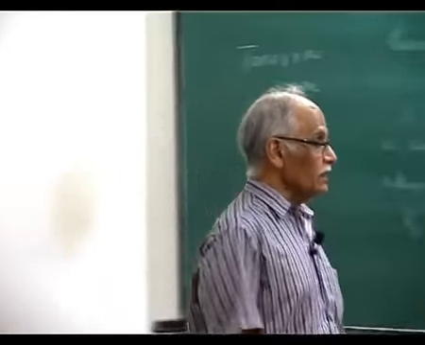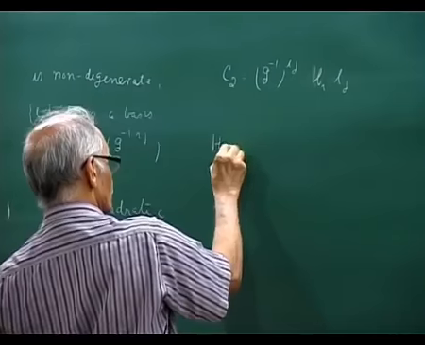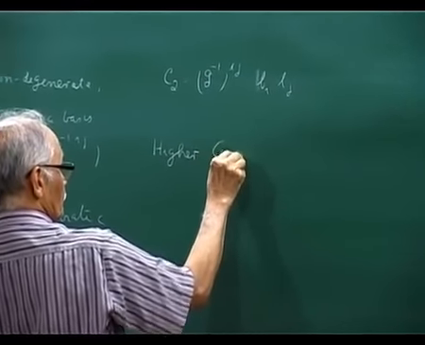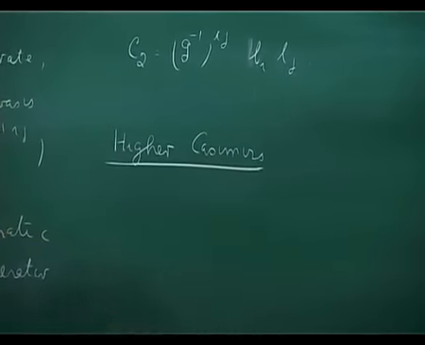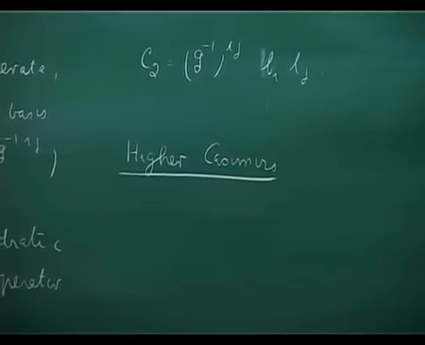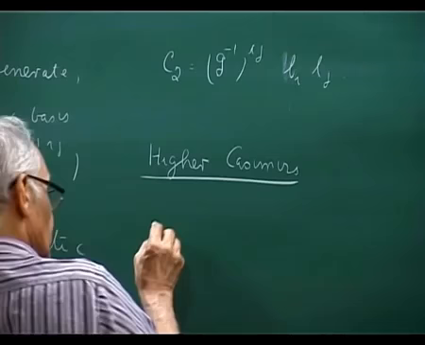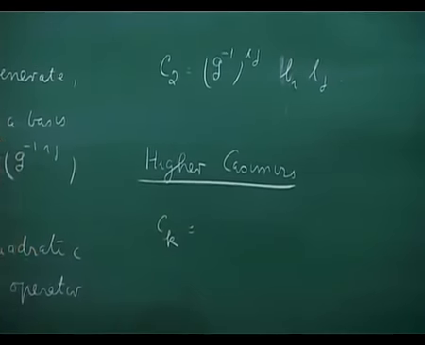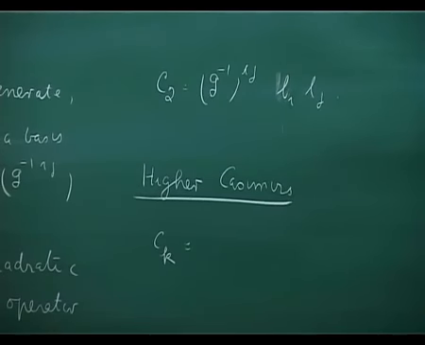What about higher Casimirs? For example, you can write a kth order Casimir as the following. This is a generalization of this trick here.